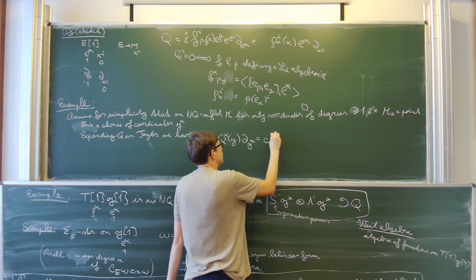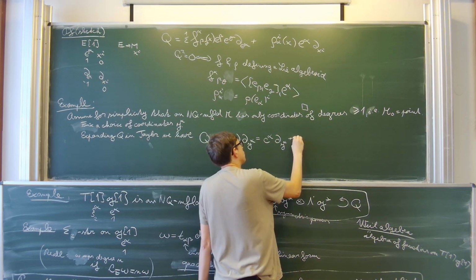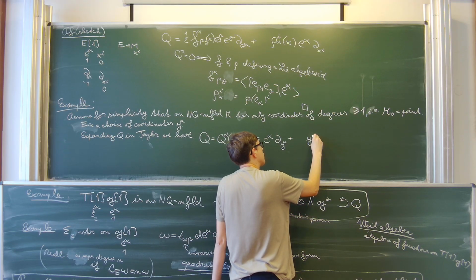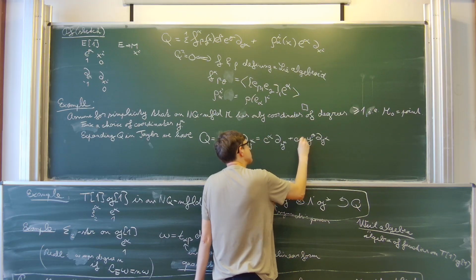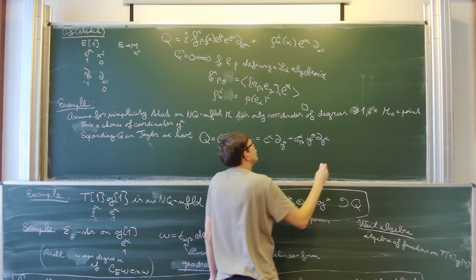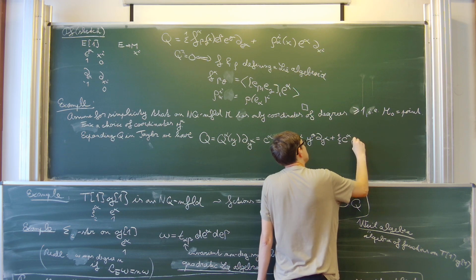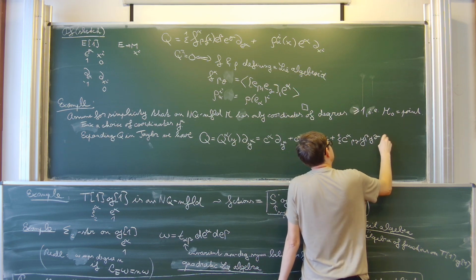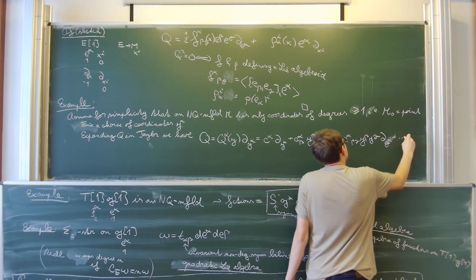Some number multiplying this, plus there is going to be some linear bit, like y partial y alpha with some coefficients, let's call them c alpha beta. Plus there will be a quadratic bit, which will look like c alpha beta gamma, y beta, y gamma, partial y alpha, etc.